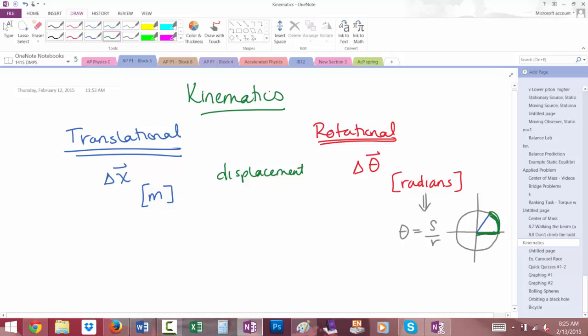And if the ratio of this thing to this thing is 1, that's 1 radian. Does that make sense? Okay.